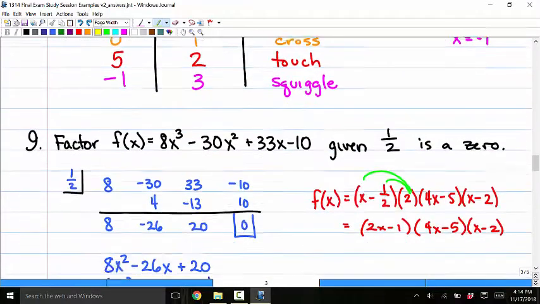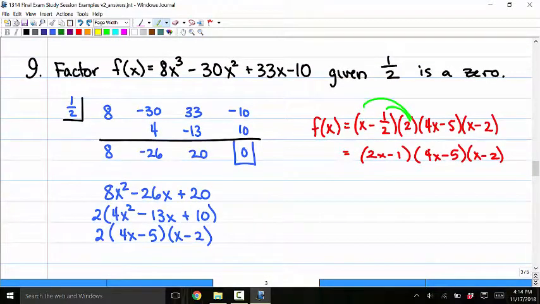Number 9. Factor this polynomial given that 1/2 is a zero. So let's go do some synthetic division. Put the 1/2 in the half box. These coefficients go across the top here. Now bring down the 8.